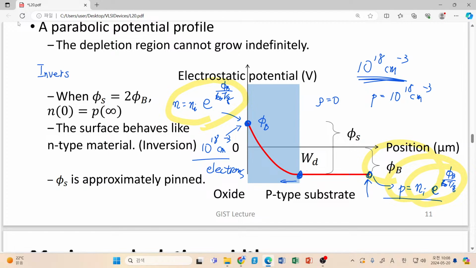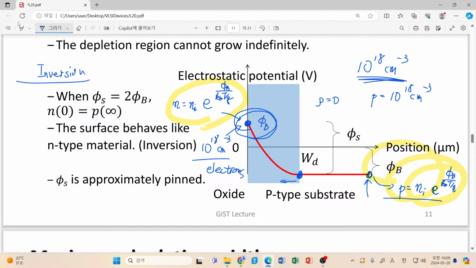Where do we have inversion? Theoretically, this is the starting point, the point where we have inversion. Now we have a comparable number of electrons to our bulk hole density. So this is inversion. Are you with me?